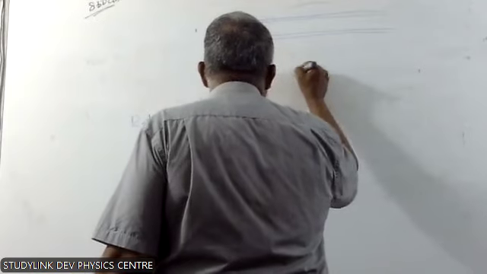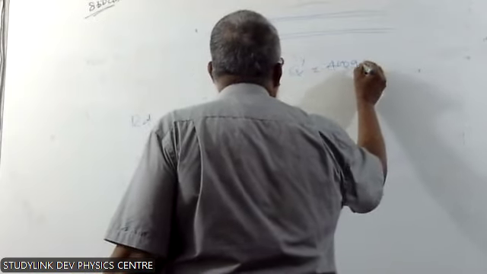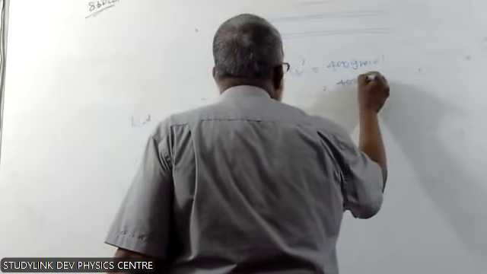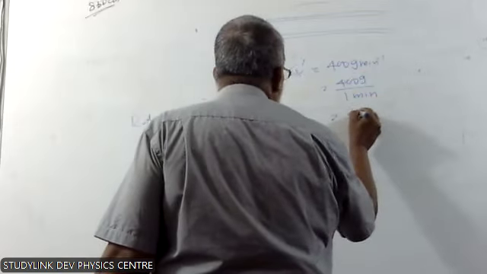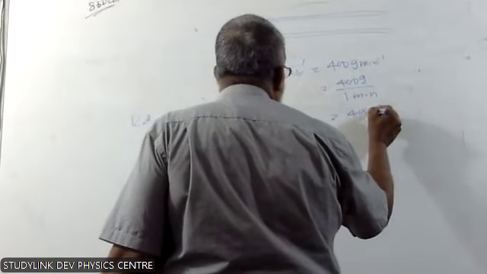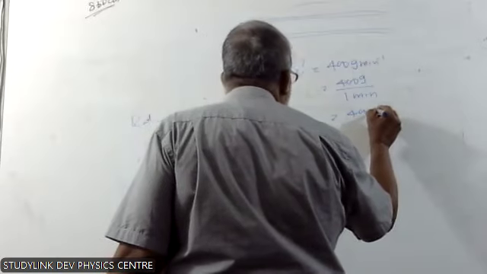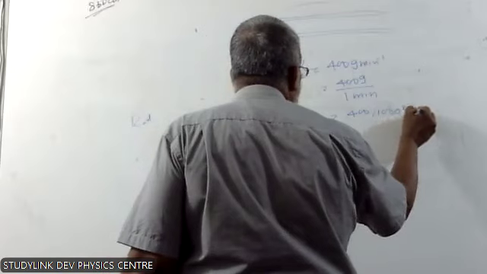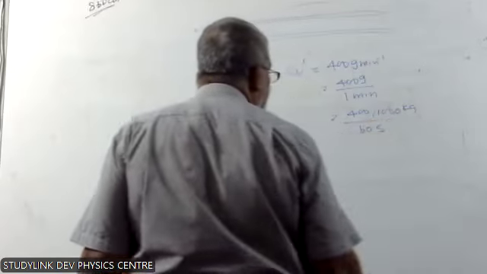So Q dash is given as 400 grams divided by 1 minute. The 400 grams should be converted to kilograms, so divide by 1000, or multiply by 10 to the power minus 3, and 1 minute is 60 seconds.